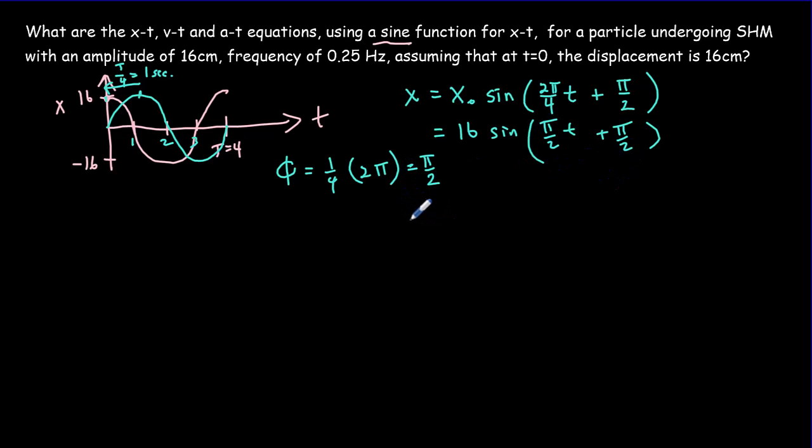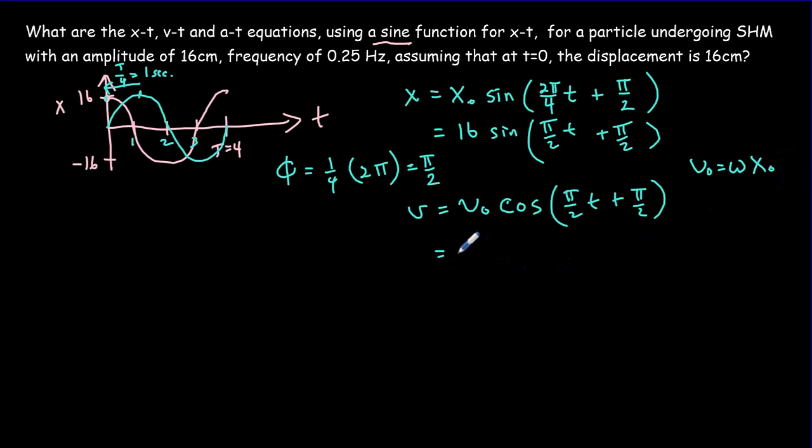To get the velocity equation, that would equal the maximum velocity. Whenever you have a displacement that's a sine, the velocity will be a cosine. Omega is, of course, the same. The phase angle is the same. And we can write that maximum velocity as equal to the angular frequency times the amplitude.